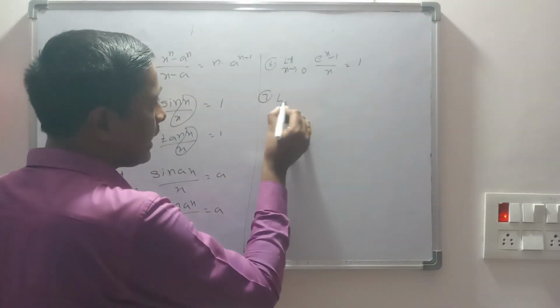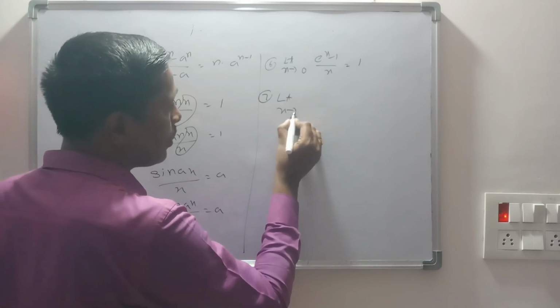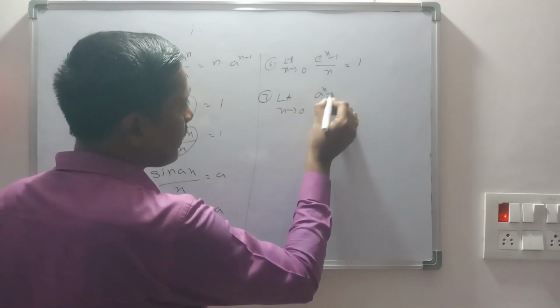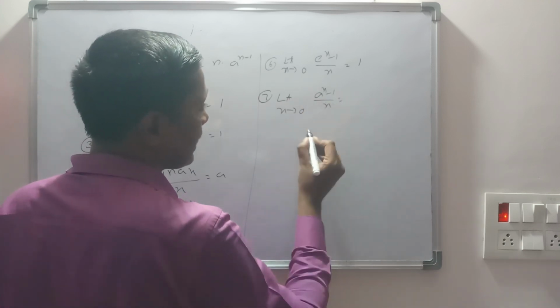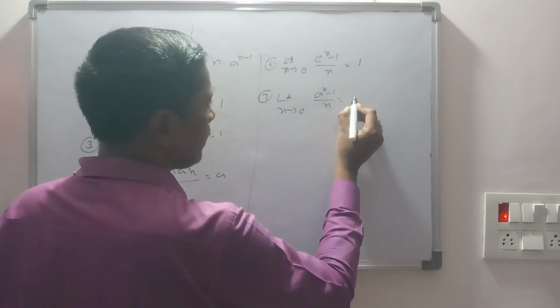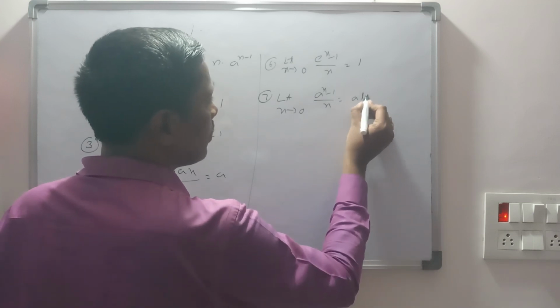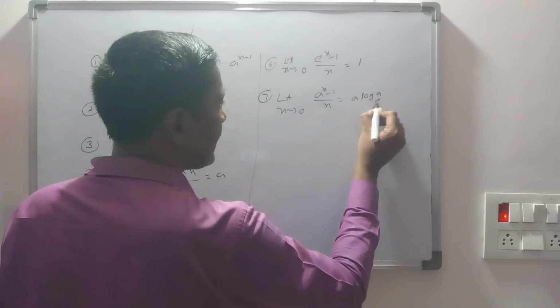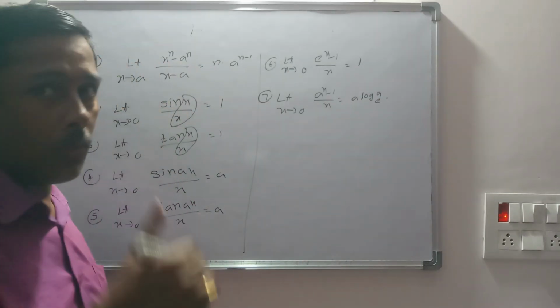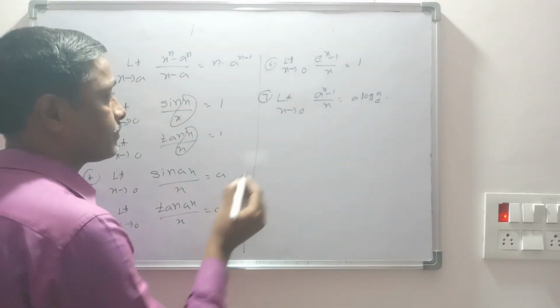Seventh one, limit x tends to 0, a power x minus 1 by x is nothing but log a base e.